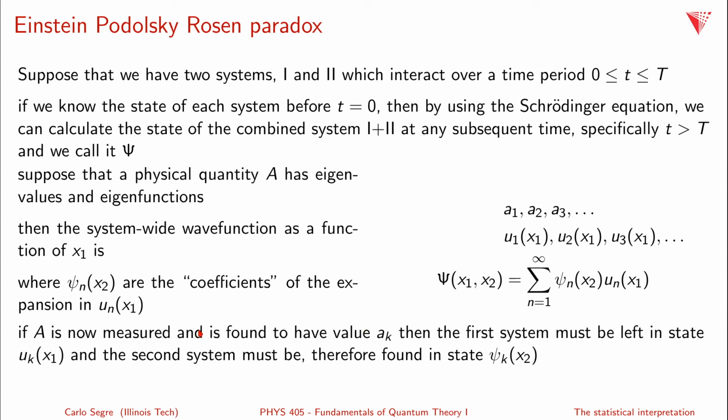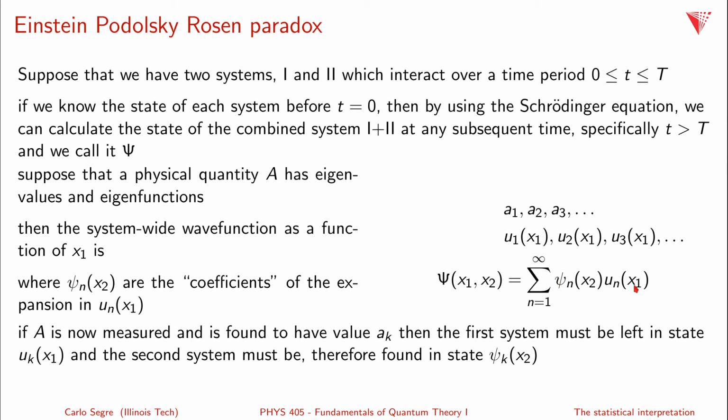Now, if you measure A and find a value A sub k, then this first system must be left in a state u sub k of x1. So this is what the statistical interpretation says, right? When I measure a system, I pick out the kth value, that's what I measure, then the system must be left in this state. And therefore, the second system, because they're mixed together, must be found in a state psi sub k of x2, because that's the coefficient which depends on x2.